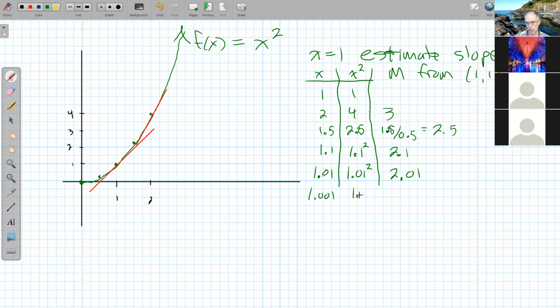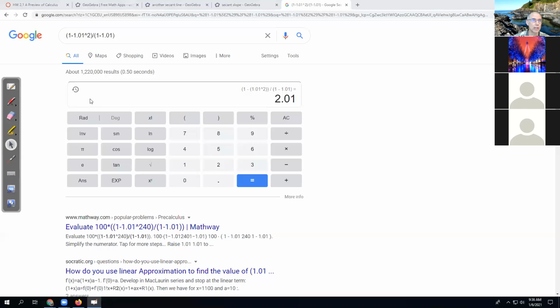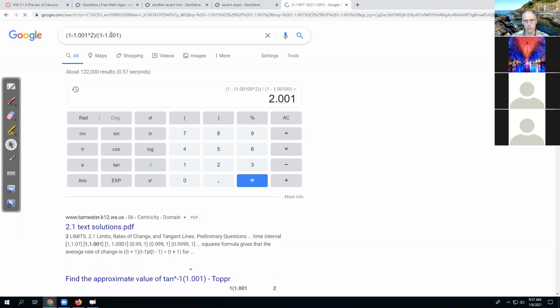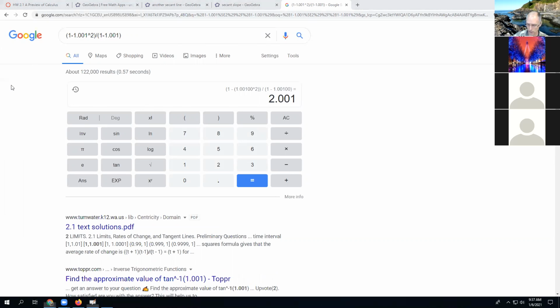1.001, the y value is the square of that. Let's see what our slope is going to be, and I could kind of guess. I think it might be 2.001. Let's actually calculate it. It's good to guess though, as long as you check. And 2.001 is what I get.